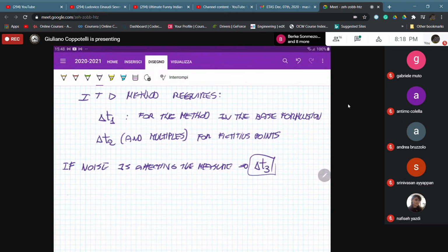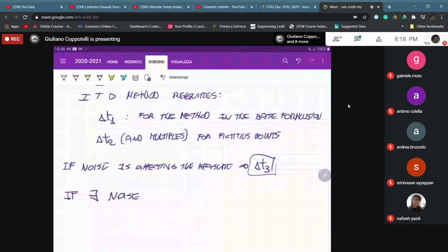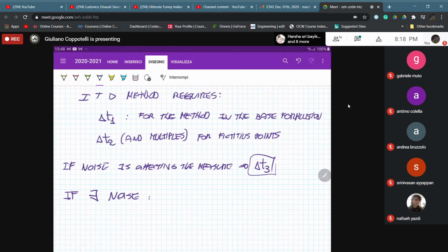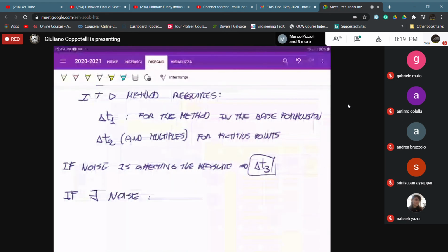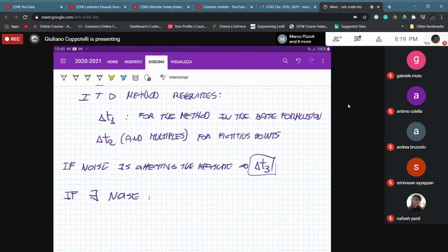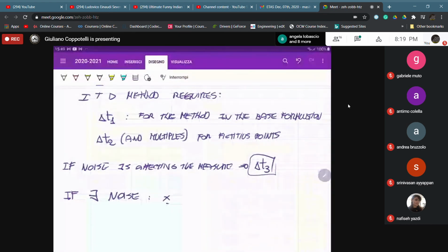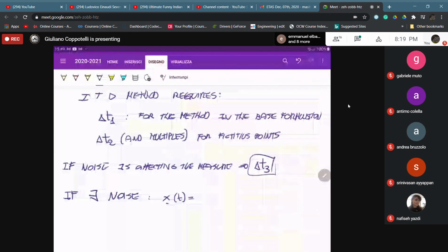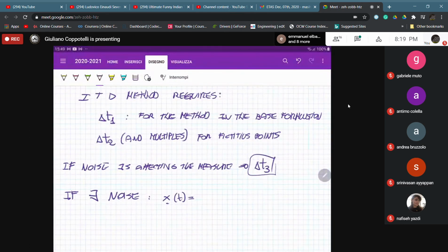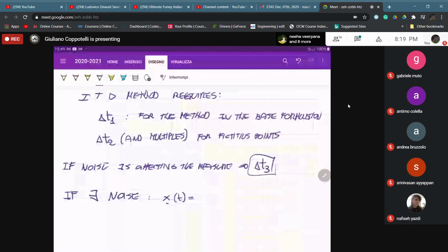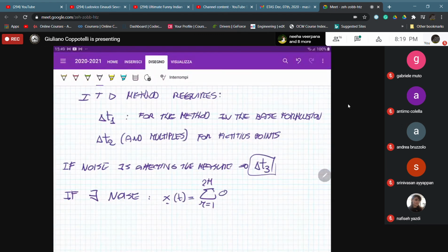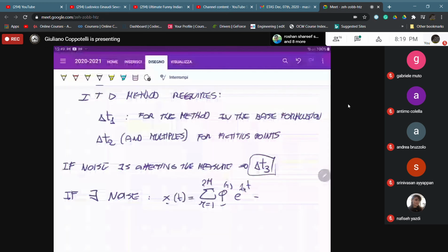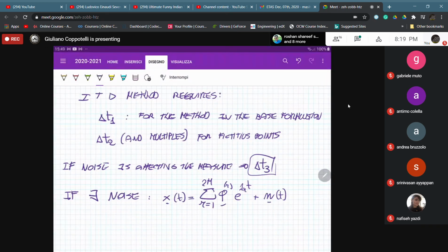So if there exists noise, and we can see that when you are just evaluating your FRF through the analysis of the coherence function, for example, then your free responses x(t) could be rewritten as we did before in terms of modal parameters, sum of phi_r e^(lambda_r t), plus the noise, that is the vector n(t).